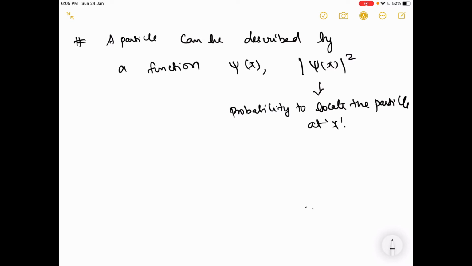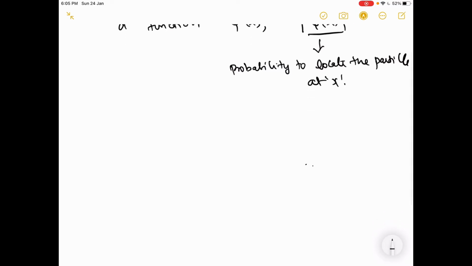So this is something which is assumed. It cannot be rigorously defined. Okay, so let's assume that we have such a description of a function which gives you this information.